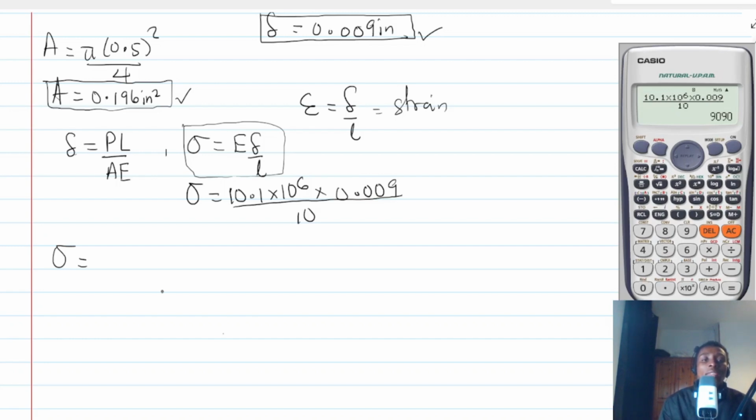So that gives 9090 psi. In fact, this is the stress which is induced in the material.